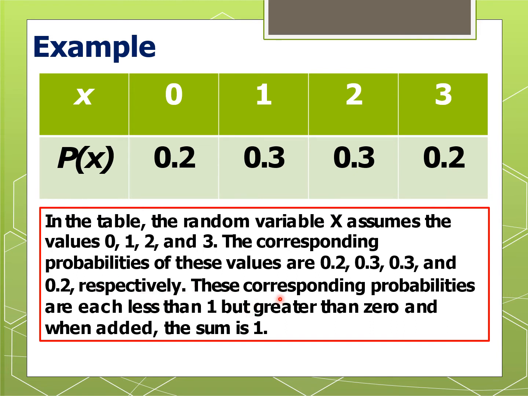These corresponding probabilities are each less than 1 but greater than 0, and when added, the sum is equal to 1. As you can see, the two properties are being met, so this is a discrete probability distribution. If we add the corresponding probabilities 0.2, 0.3, 0.3, and 0.2, we get 1. Okay?